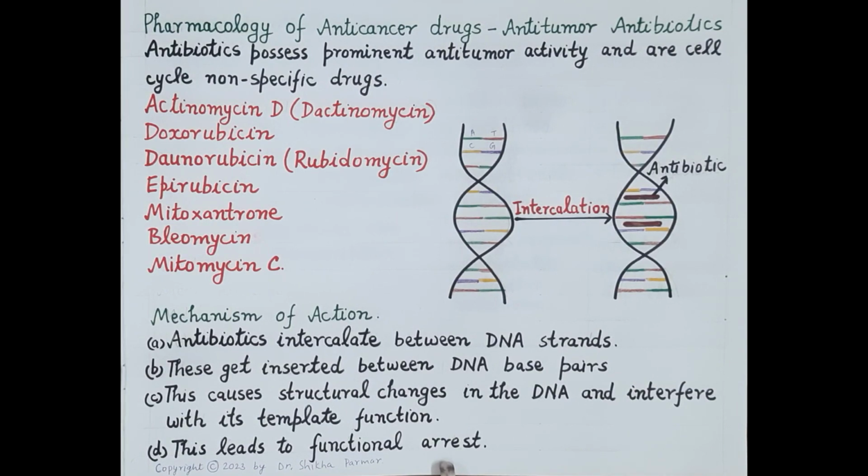That is, the cell multiplication and proliferation stops, and the cell undergoes apoptosis or programmed cell death. So this is the mechanism of action of anti-tumor antibiotics. So these antibiotics get intercalated between the DNA strands.